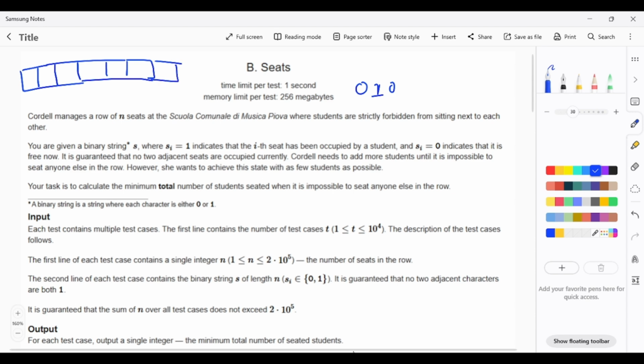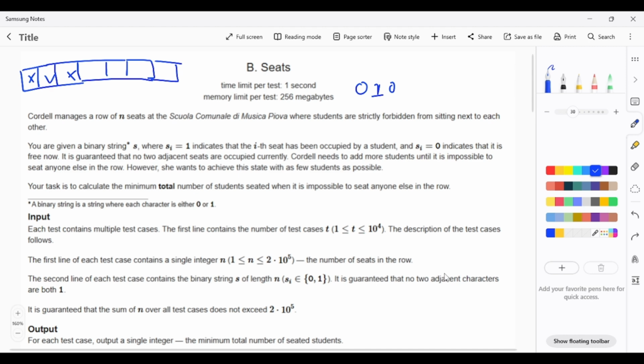Here 0 means that there is no student in this position, and 1 means there is a student in this position. So we'll have to keep adding students in this bench until this bench is fully filled up.